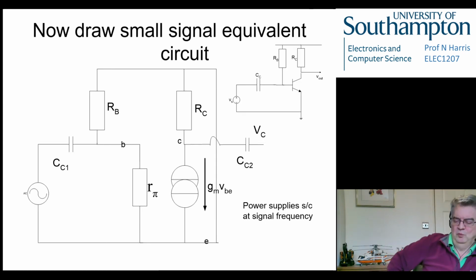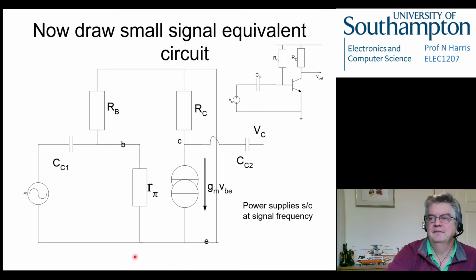Now we replace the transistor in our circuit here with our hybrid pi model. All we've done is take out the transistor with the 3 connections and drop in our hybrid pi model of the transistor as a starting point. Okay, so that's a start.